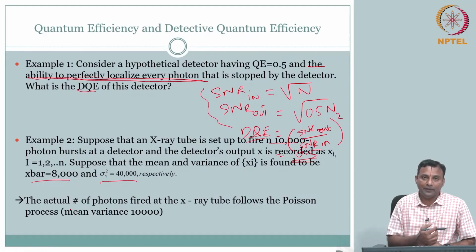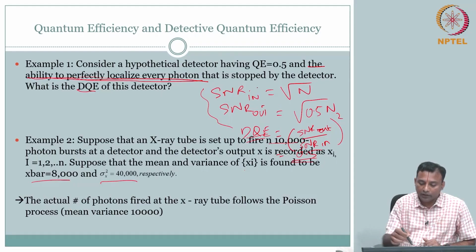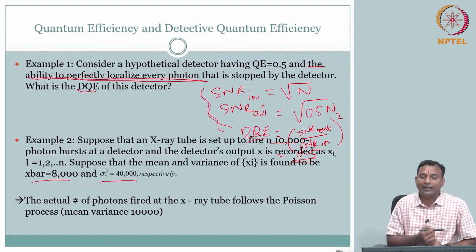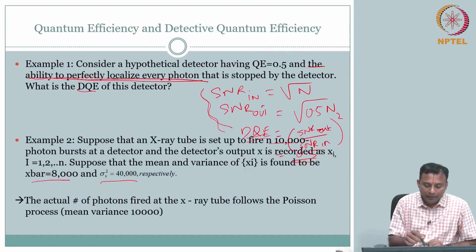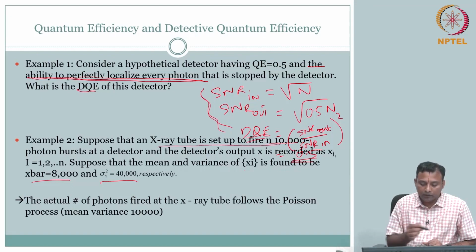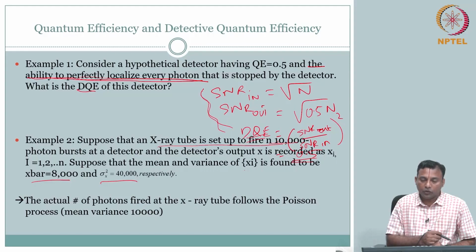So how do you get the DQE? DQE we saw here also, right? You need SNR in, SNR out. So what is my input? My input is 10,000. The input side is relatively easy. Why?